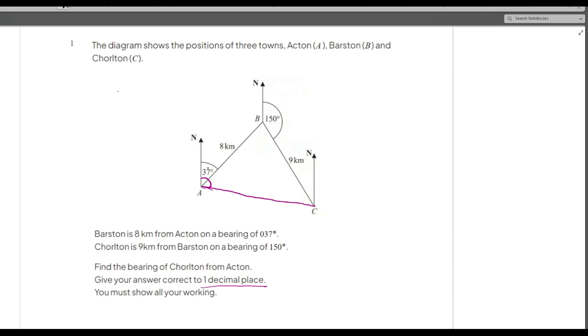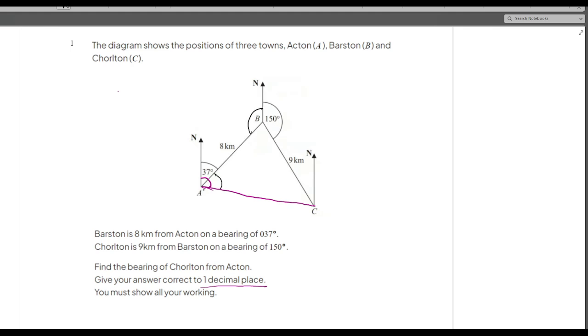So this 37 degree we know, we need to find out this angle BAC. Now let us analyze the data. Bearing of B from A is given 37. So what we can do, we can find out this angle.